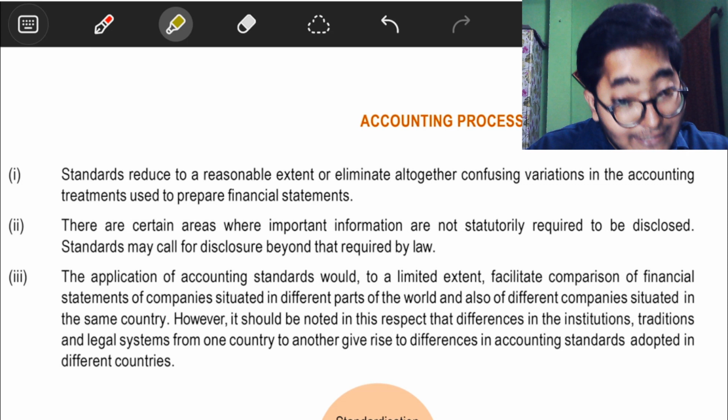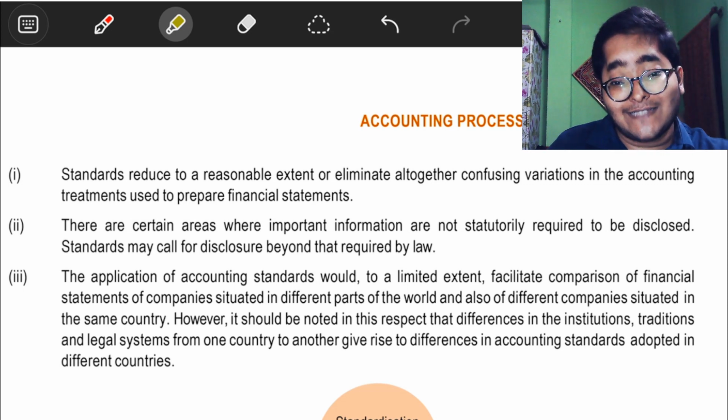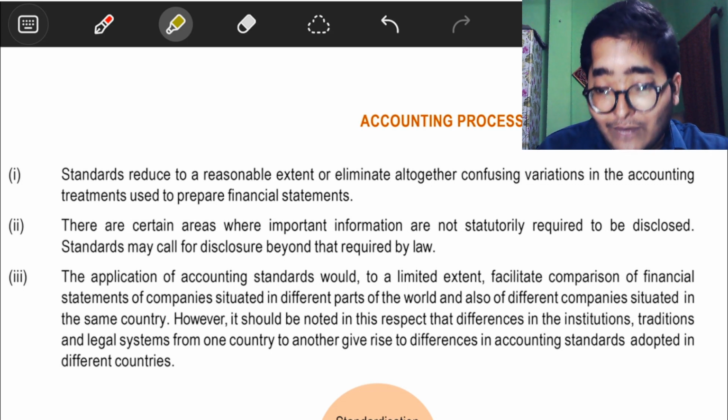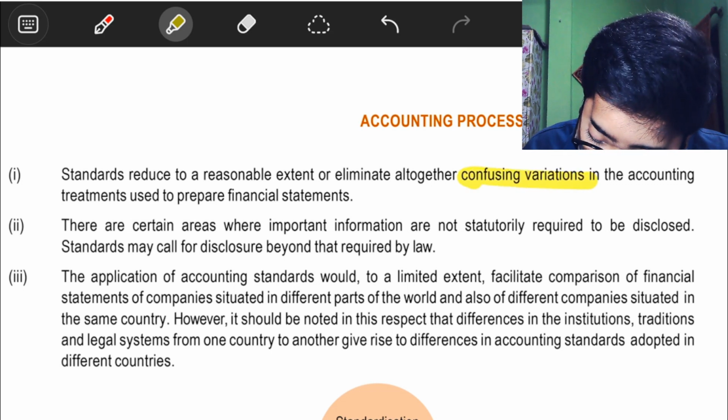Accounting standards reduce to a reasonable extent or eliminate altogether confusing variations in the accounting treatments.